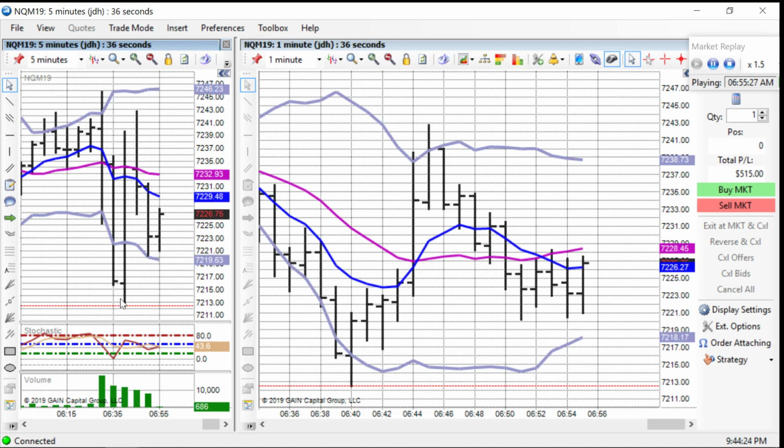I'm also seeing a 1, 2, 3 bottom formation on the 5-minute chart, but it is heading up towards the 8 EMA in the 5-minute chart.